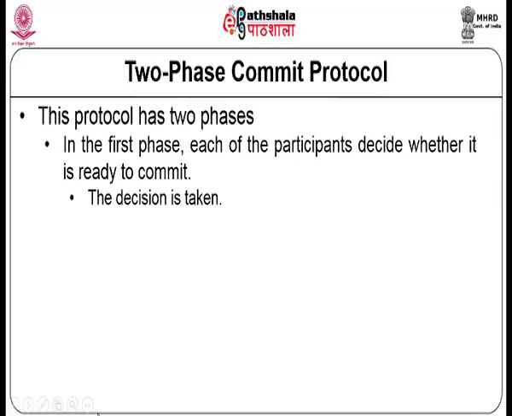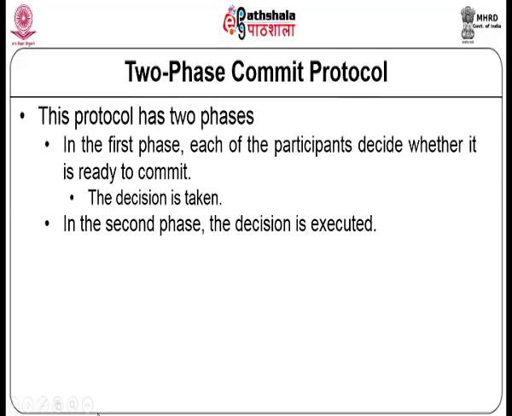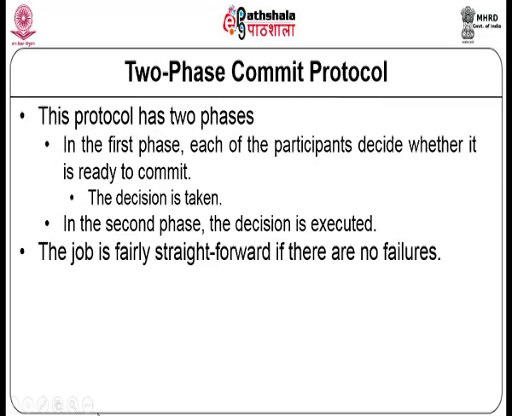This decision is taken unilaterally by every participating server, and they communicate it to the coordinator, and in the second phase the coordinator decides based on the decisions of the participating servers. It is a straightforward execution in case there are no failures, but unfortunately in a distributed environment failures will be there. So, many failures in fact are there.